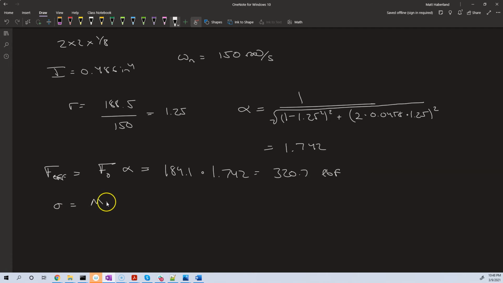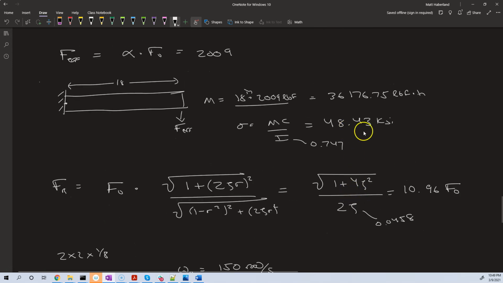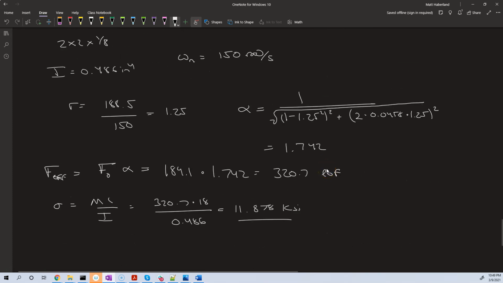The sigma is equal to mc over I, but c is just 1 inch. The m is 320.7 times 18 inches divided by 0.486, and we get 11.878 KSI. So we brought our stresses down by a factor of about 4 relative to what we had before, by counterintuitively reducing the thickness of our section.